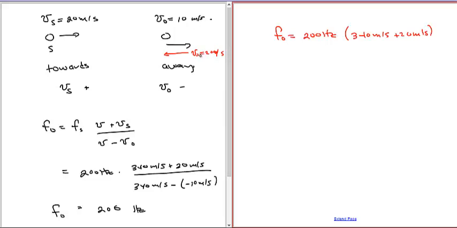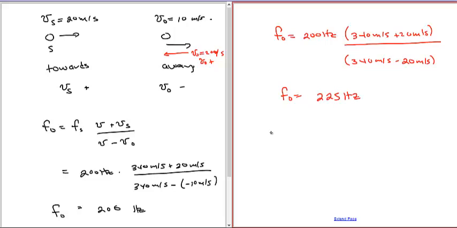In this case, V of the observer is positive, so we're going to subtract because it's minus positive 20 meters per second. So you get 200 times 340 plus 20 divided by 340 minus 20, and you get 225 hertz.